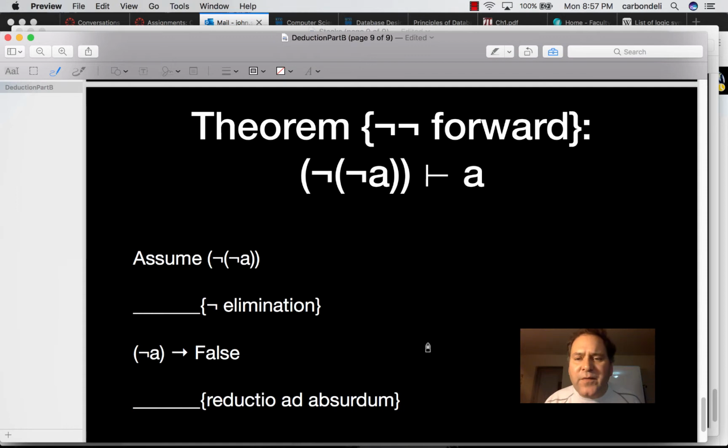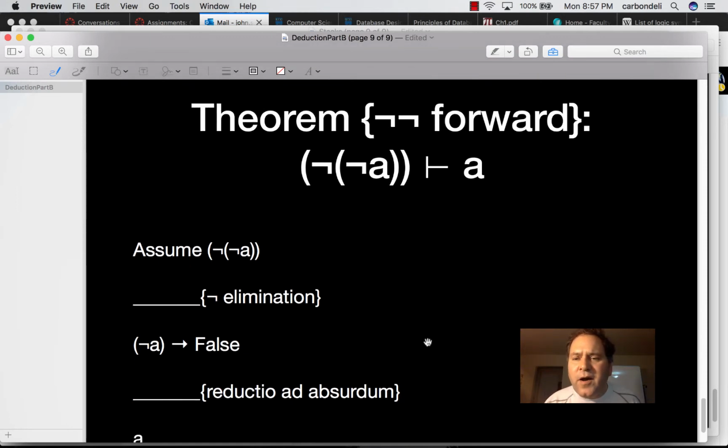And here we have the theorem, which is not forward, in which we can show that if not not A is true, this implies A is true. And you can sort of just look at this and realize that what we're saying is that we're essentially negating a negation.